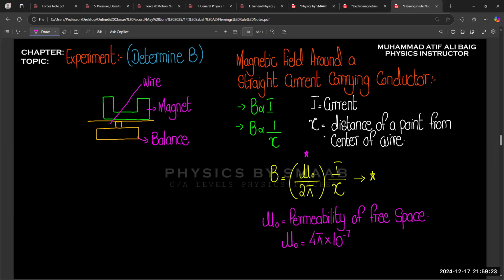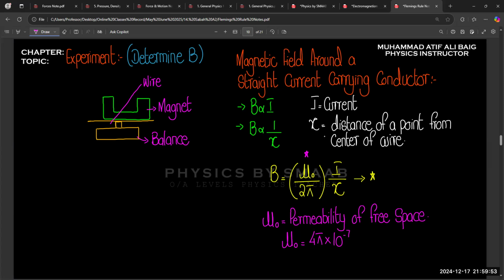But in normal conditions, we always talk about air, because when we perform any experiment, it is in the air surrounding. In 99 cases we are using the air medium, so that's why the mu naught value remains the same. The mu naught value is 4 pi times 10 to the power negative 7.